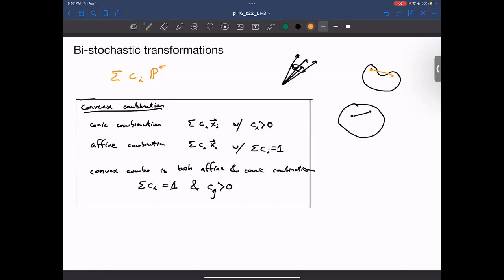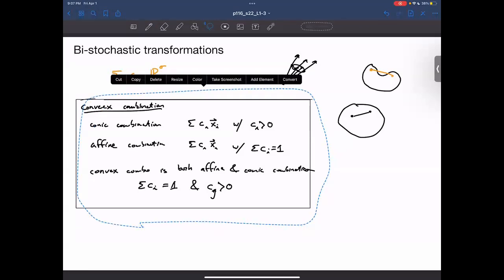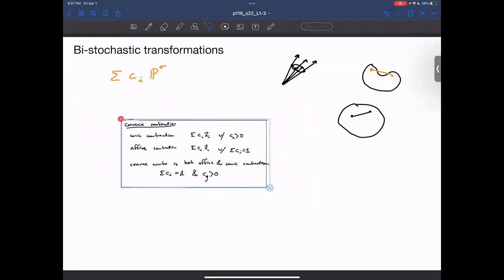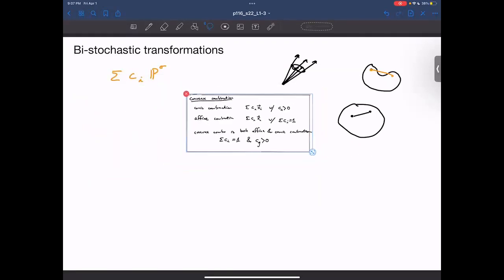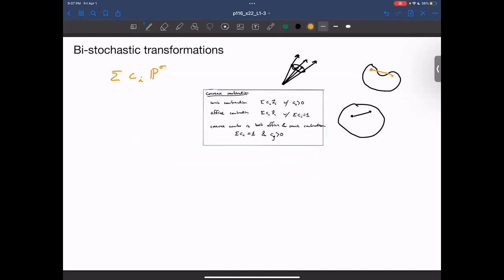Returning to our main point here about bistochastic matrices, the way that we introduced this last time was saying that if we think of a probability vector, P, this vector needs to be normalized to 1, and all the entries have to be real and positive.